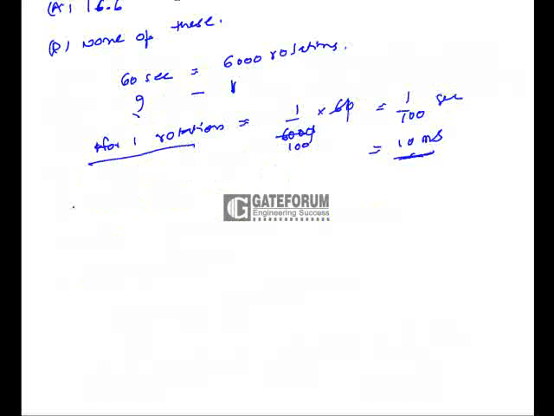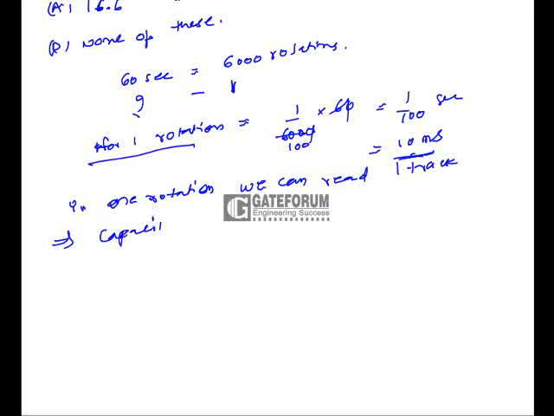In one rotation, we can read one track. So the capacity of one track: it is given that there are 128 sectors per track, and the sector size is 512 bytes.